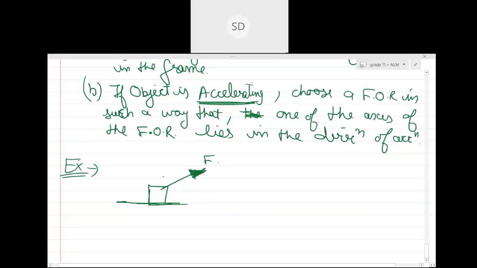So can you tell me, if this is a smooth horizontal floor, will this object be at rest or will this object be in motion? If this is a smooth horizontal floor on which there is a block placed and I am applying a force at a certain angle theta, will this object be at rest or will it start moving?